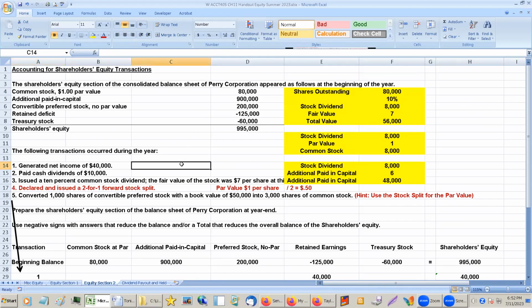So earnings per share: if you have income of 40,000 and you have outstanding shares of 80,000, like at the beginning of the year here, the earnings per share would be 40,000 divided by 80,000, which would be 50 cents. This would be the earnings per share.